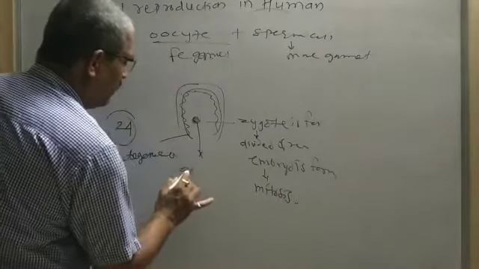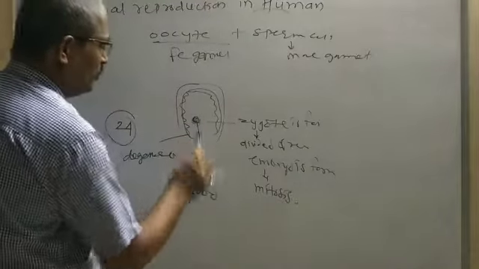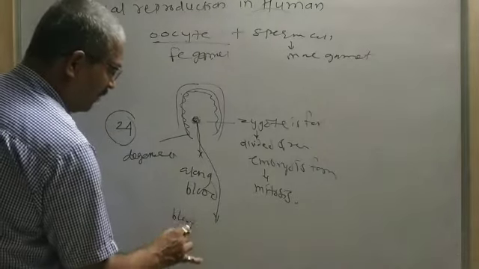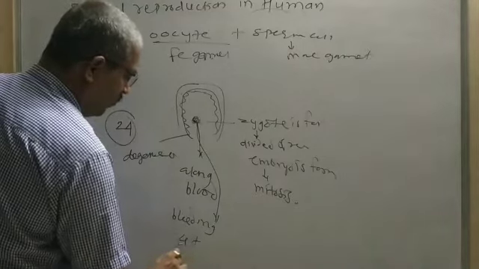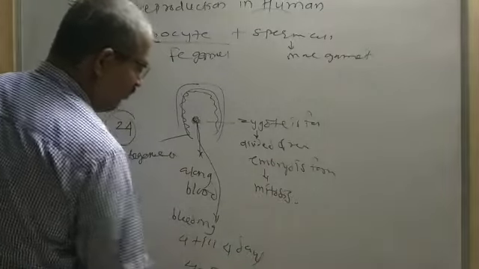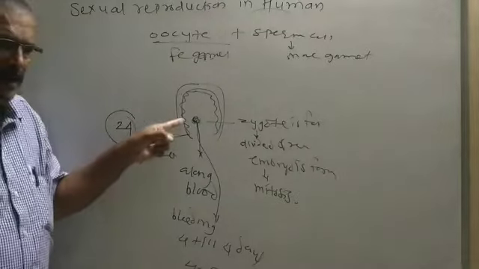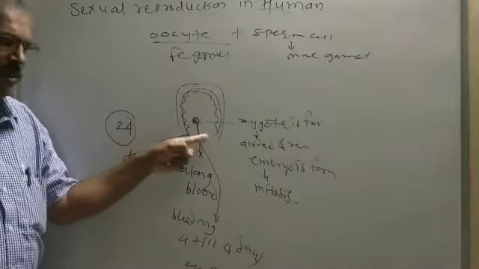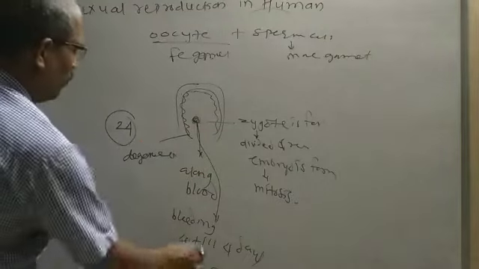Along with the blood, this oocyte comes out, and this bleeding takes place for 4 days, sometimes 4 to 5 days. This degenerated layer of the endometrium and the oocyte come out along with blood for 4 to 5 days.